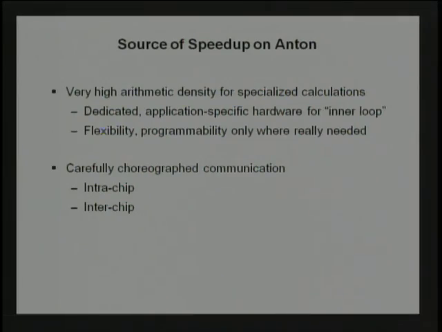There are two areas where Anton gets its speedup. One is a huge amount of hardware, great arithmetic density for very specific types of computation, and then using flexibility and programmability only in a few places where, A, it's really necessary, and B, it doesn't happen so often that you have to waste a lot of area on it and a lot of memory use, going out to cache and so forth.